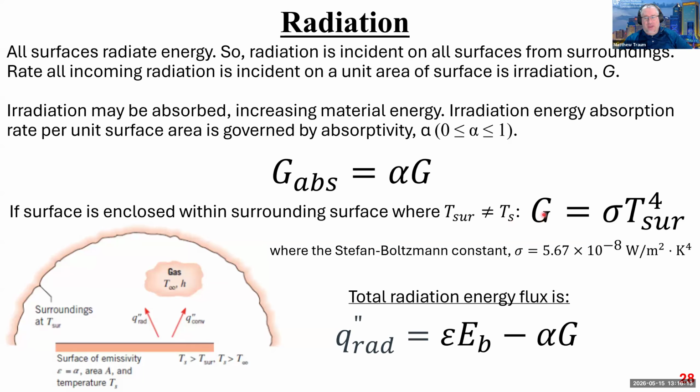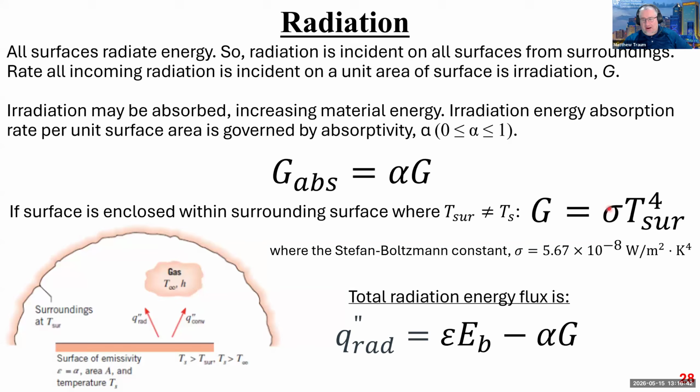And so the irradiation that your surface is experiencing is this Stefan-Boltzmann constant, which we saw before, but I didn't describe, times the surrounding temperature, T_sur, raised to the fourth power.